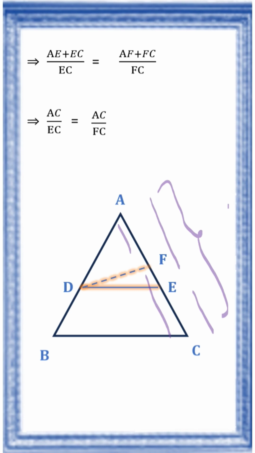I have already told in the denominator you should get EC and FC. So we have added 1. Here AC in the numerator gets cancelled. So now we have 1 by EC is equal to 1 by FC. Now let us take the reciprocals of both LHS and RHS. What is it? EC is equal to FC.